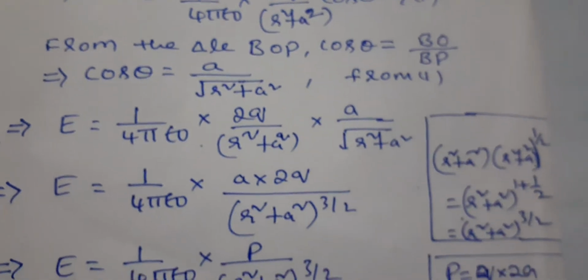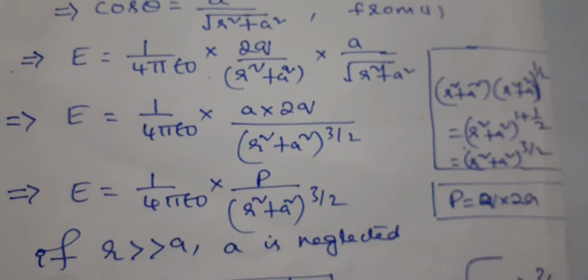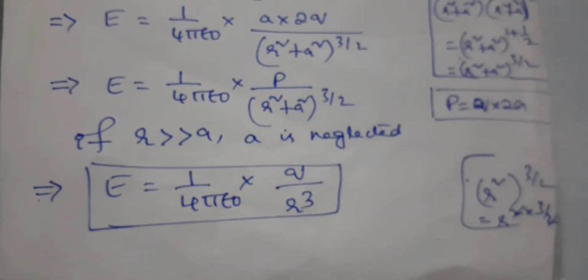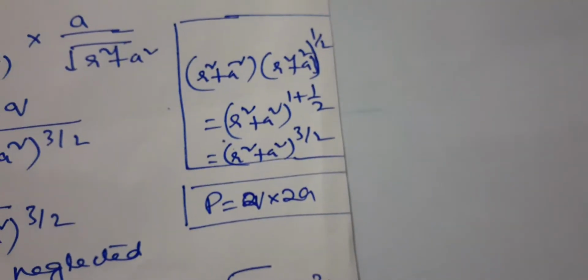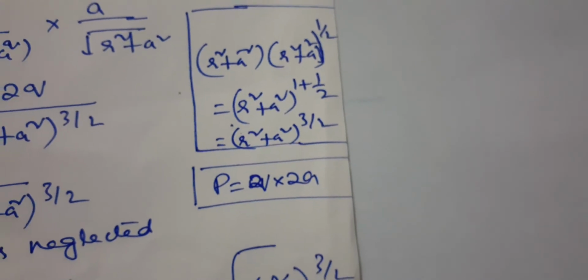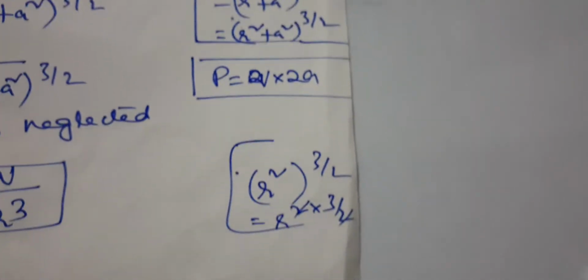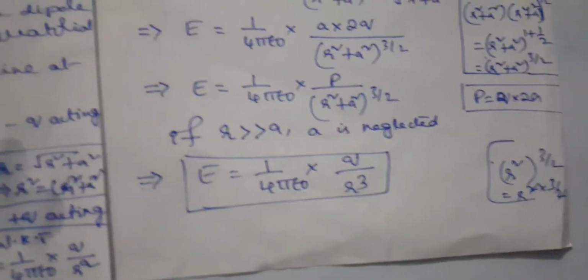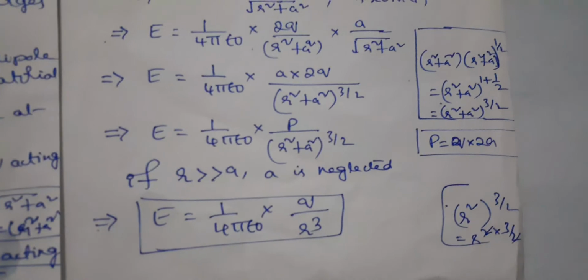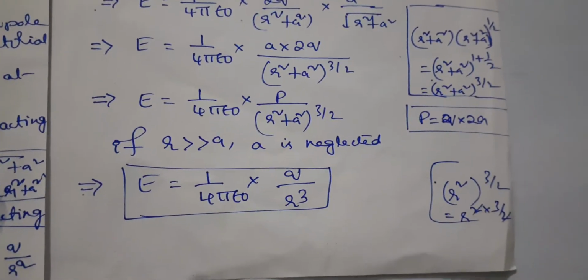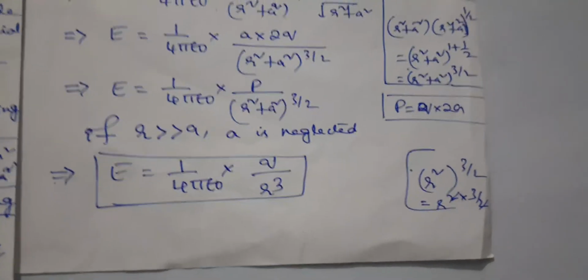So you can solve, you can find, if r is much greater than a, a can be neglected. Rough work is also there, students, you can see during solving. So this is the intensity of the electric field at a point P on the equatorial line: E equal to 1 by 4 pi epsilon naught into q by r cubed. So that's all, students.